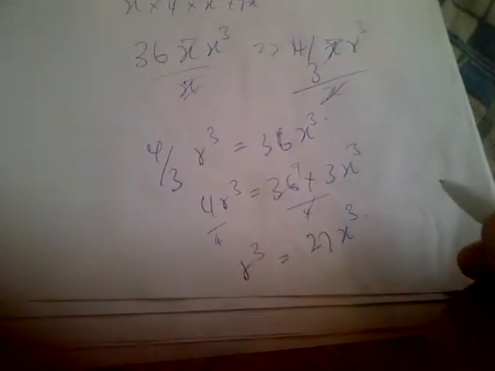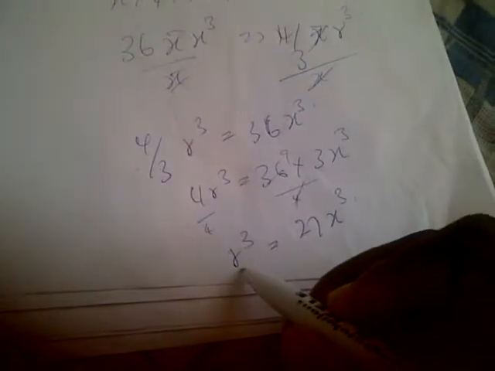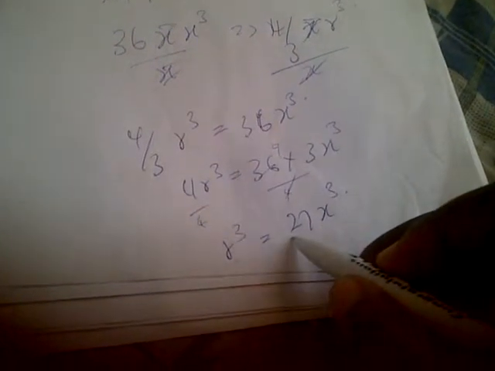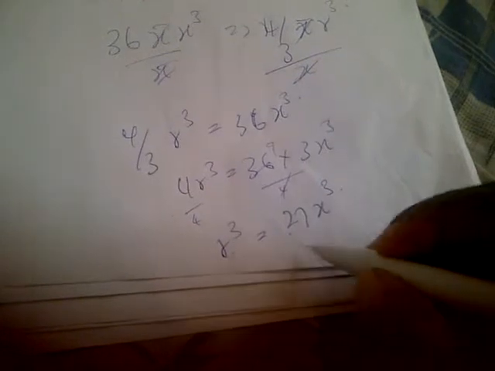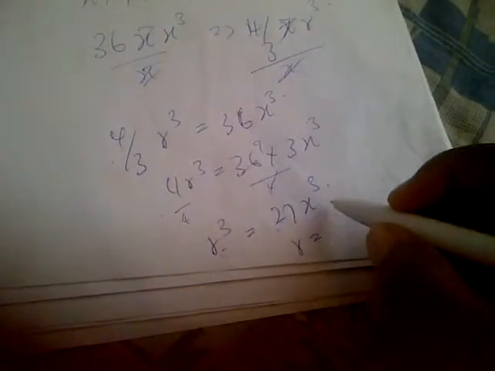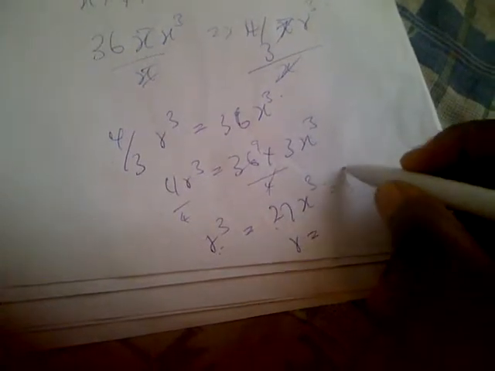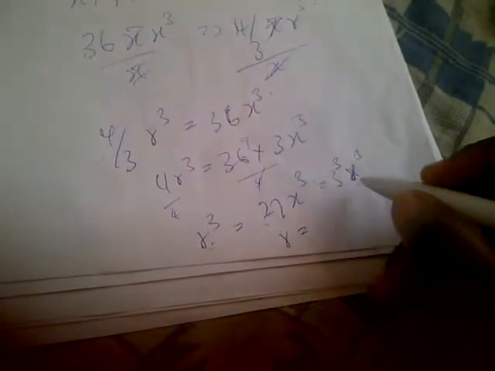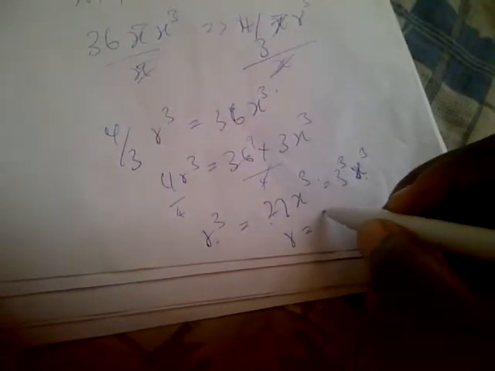Remember, we're asked to express r in terms of x, so we have to find the cube root of this side and the cube root of this side too. Remember, 27 is the same thing as 3 cubed, so the cube root of this is going to be 3x. So expressing r in terms of x, r equals 3x.